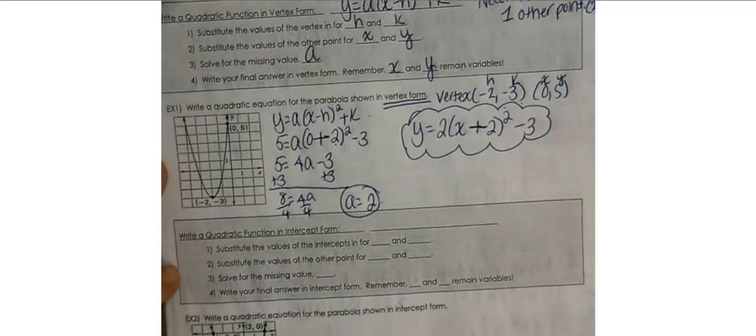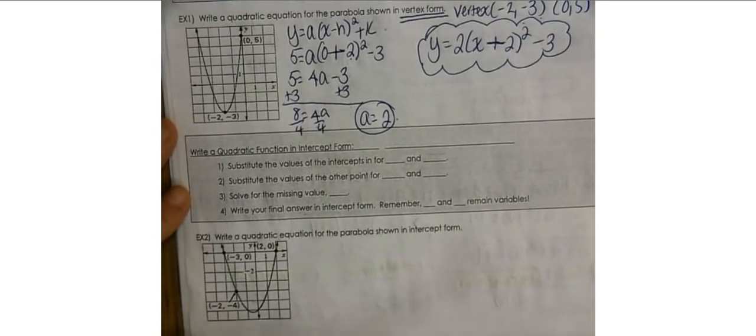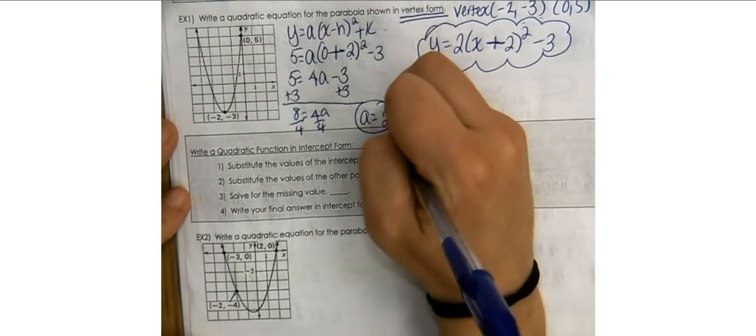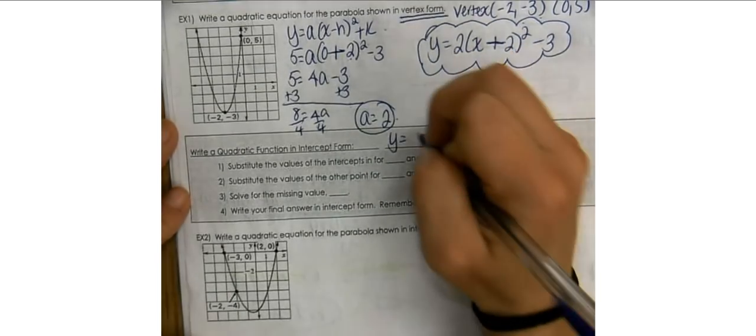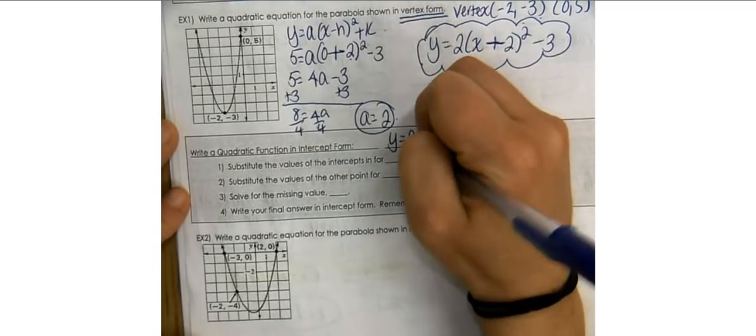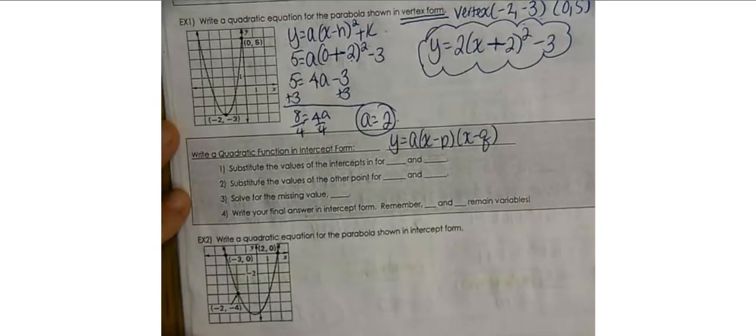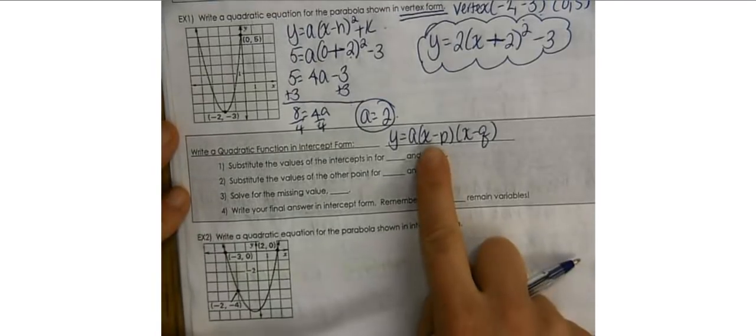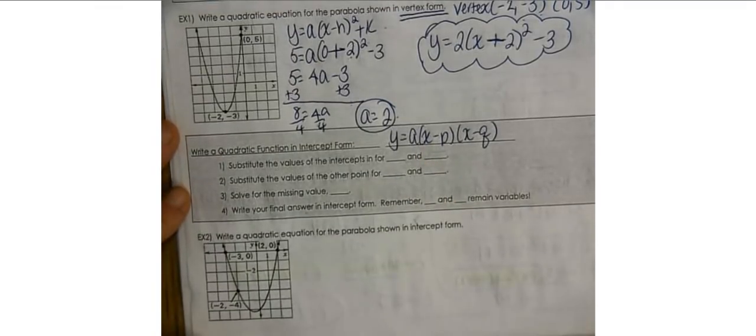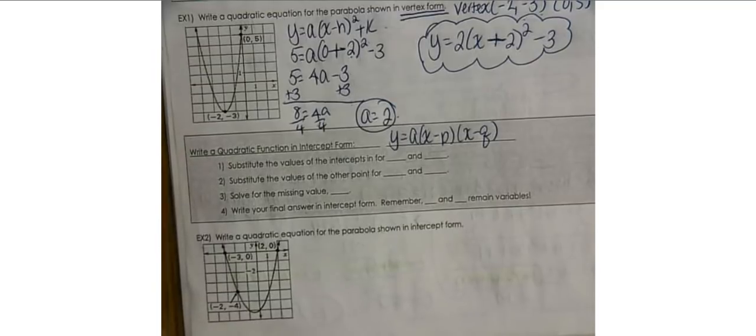So now we're going to look at intercept form. And so we want to write an equation in intercept form. It's nice to remind ourselves of what that looks like. So that's y equals a times x minus p times x minus q. So the key information in intercept form are your x-intercepts and your a value and one other point.